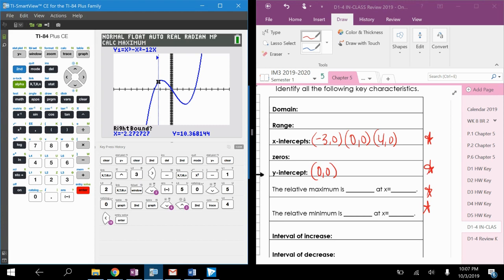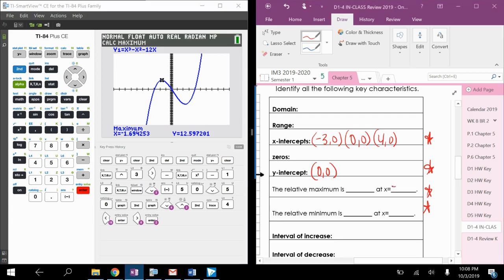Now it says right bound. So I want to go to the right of where I think it is. So go right, right, right. And now the blinking cursor is on the right side. Press enter. And it says, do you want me to still guess? Yes, I do. Press enter one more time. And it looks like our maximum is at the x value of negative 1 point, let's round it to 7.